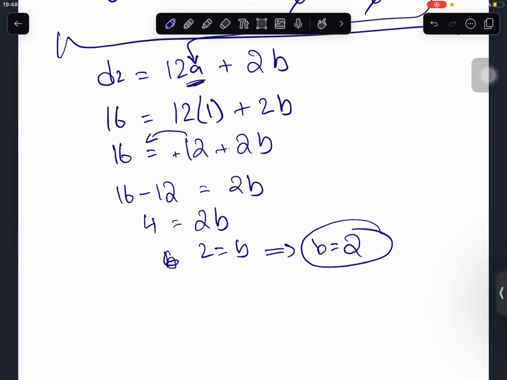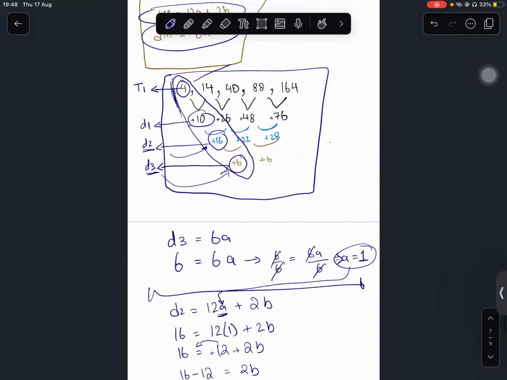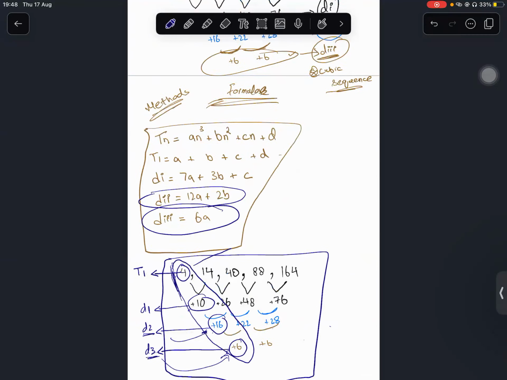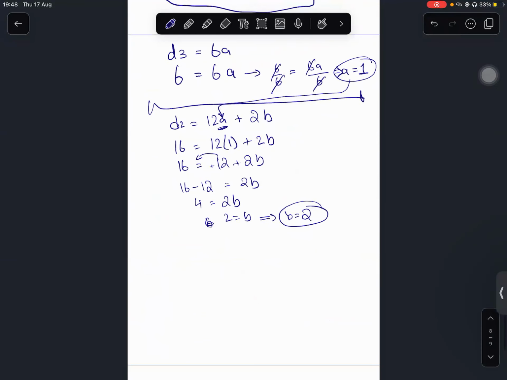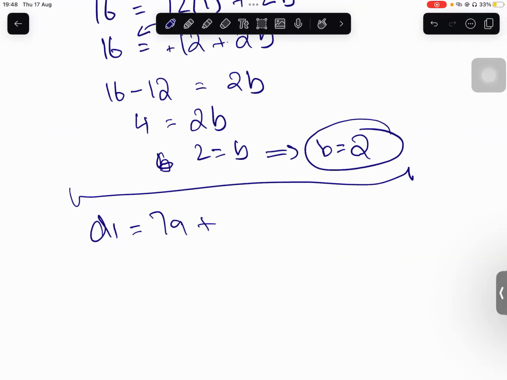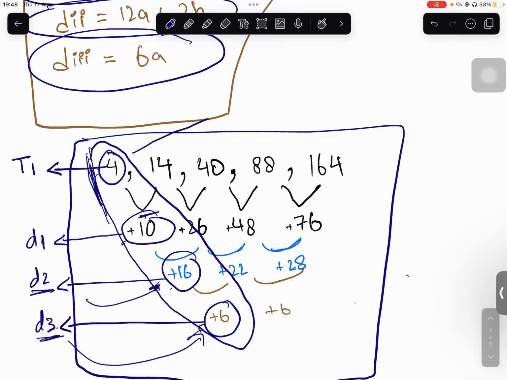You get this, right? Yes. So we've got the value of A and B. Now we need the value of C. You move on to the next equation, which is D1 equals 7A plus 3B plus C. D1, we have 10.